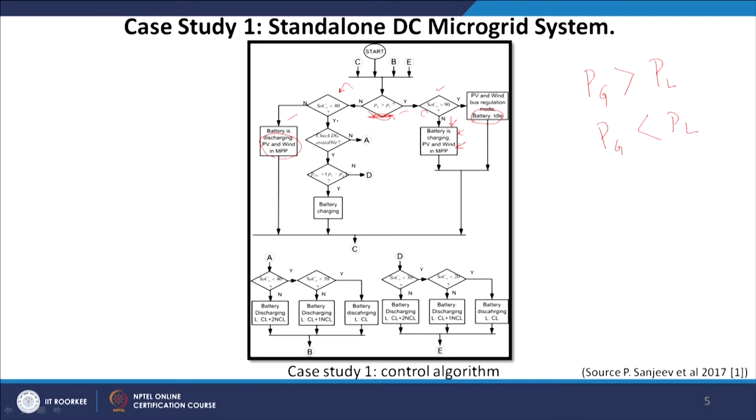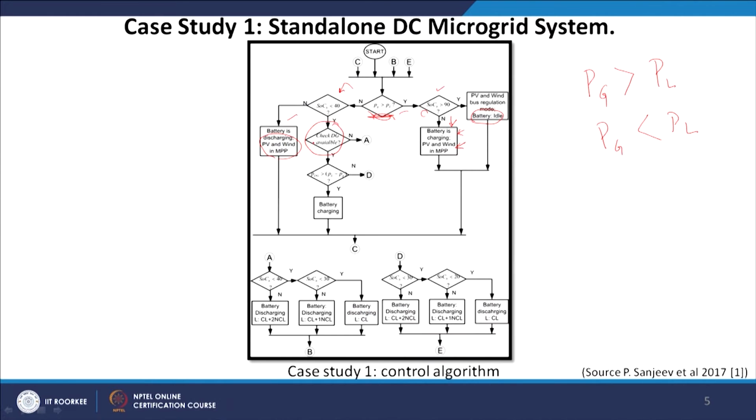But if it has already been discharged below 40%, then I have no option: my generation is low and my battery has already been discharged below 40%. So, the third option available to me is to check the availability of the diesel generator. If the diesel generator is available, then the PDG can meet the difference between load and generation.